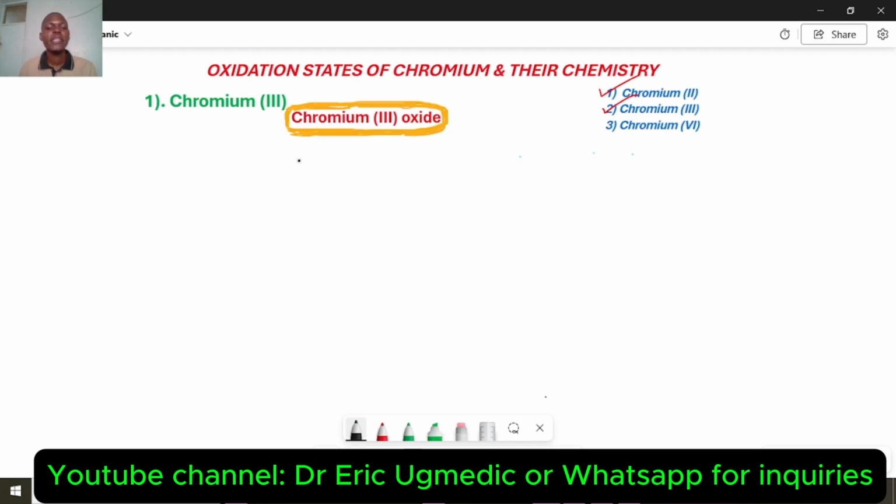So now, looking at the different ways of forming this chromium 3 oxide, there are about 4 ways. I group them into 4 personally because it's the easiest way you can remember. The first one is through burning in air, we are going to see what's burnt. And then the other one is dehydration.